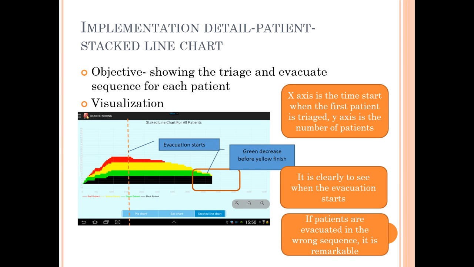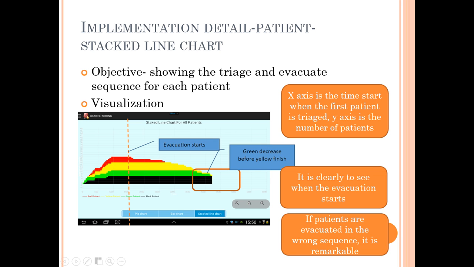Now let's look at the stacked line chart. The stacked line chart shows the triage and evacuation sequence for all patients. The x-axis shows the time starting from the first patient that has been triaged, and the y-axis shows the number of patients.